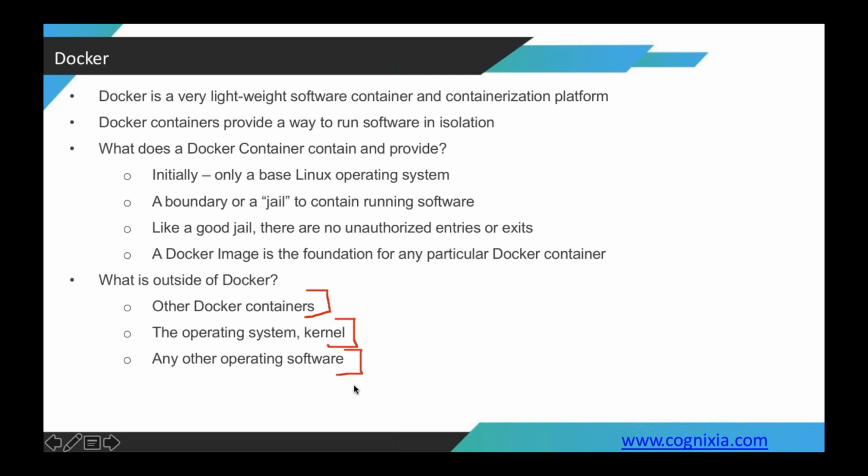Apart from that, there will be the Docker CE. Docker CE is your Docker daemon over which the Docker container is running. So it is also outside of the container. Okay. These are the four things which are outside of the container, over which the container is running.